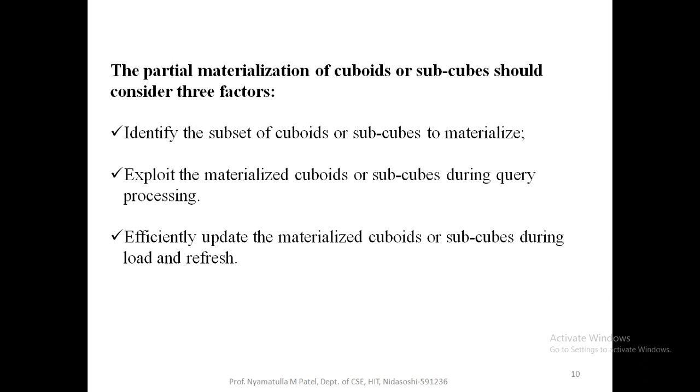In this video lecture, we studied the introduction to data warehouse, how efficient data cube computation can be done, what a data cube is, what a group by is, and the layers of cuboids.